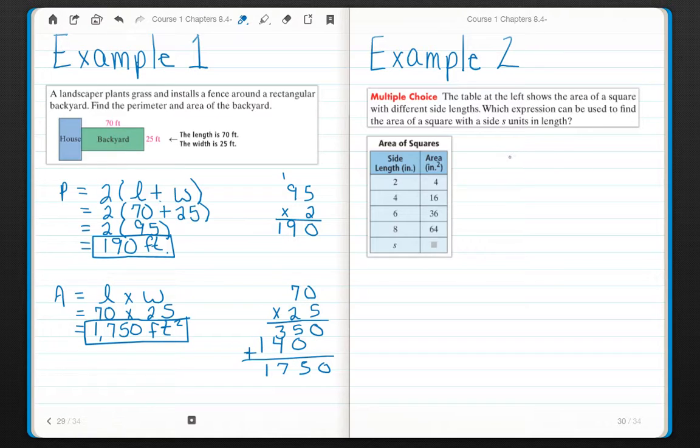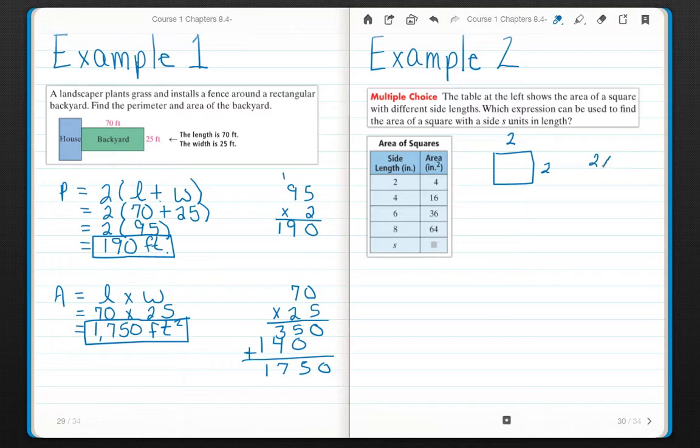So let's think about a square for a minute. All the sides of a square are the same length. So 2 and 2 would be 2 times 2, but we can also write that as 2 squared, or 2 to the power of 2.